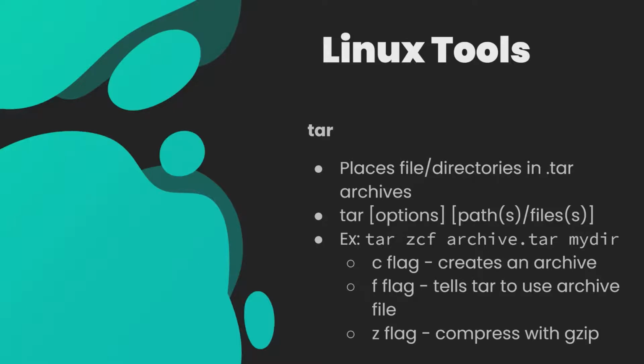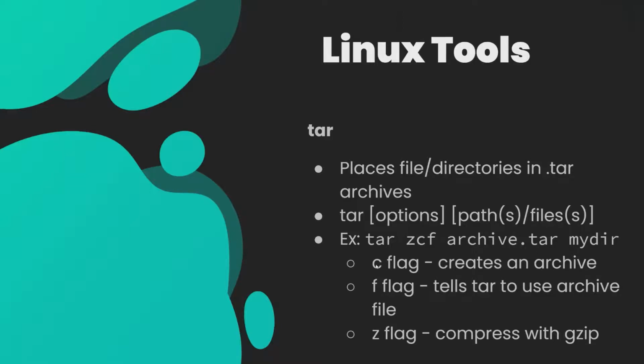So the general format of a tar command would be tar, specify the options, and then you specify the directories or the files that you want to put into this particular archive. So for example, tar zcf, these are the options, archive.tar, and then mydir, puts mydir, the directory, into an archive called archive.tar.